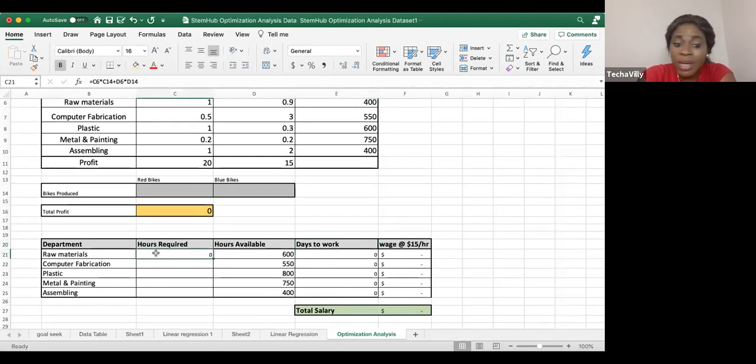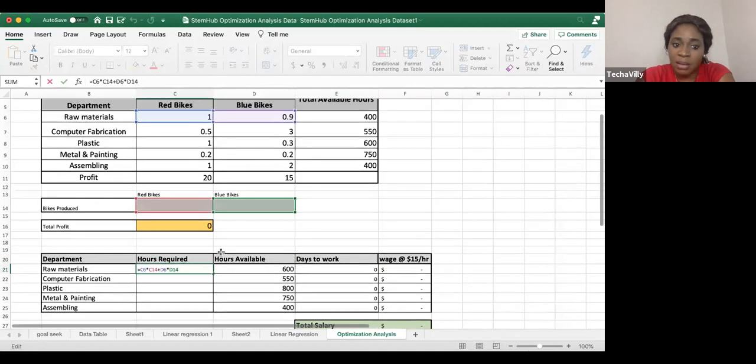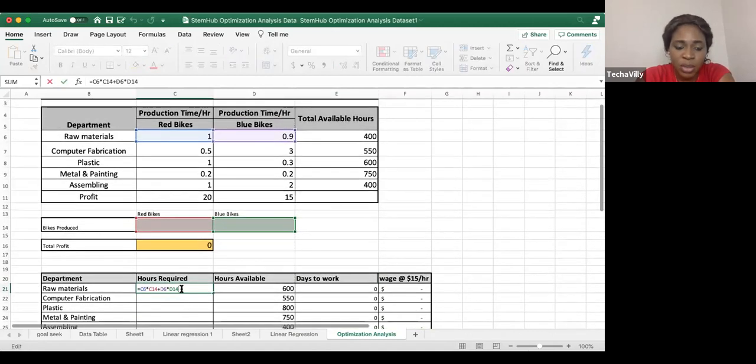So to calculate the number of hours to use, I already formatted this, so I'm just going to show you how this is done. You pick the total number of red bikes, you multiply it by the number of hours it takes the raw material department to produce one, and then you add the number of blue bikes and multiply by the number of hours it takes them to produce one.